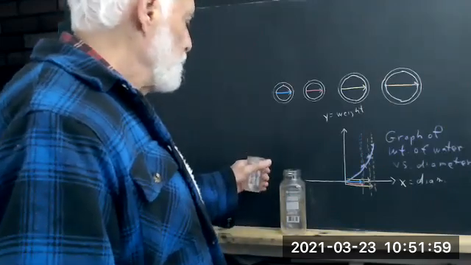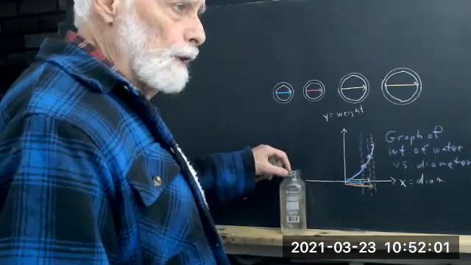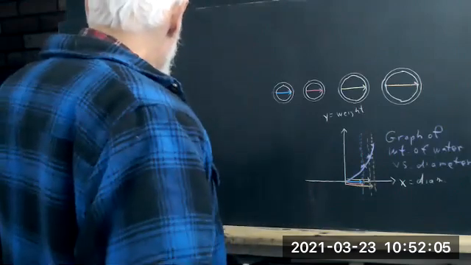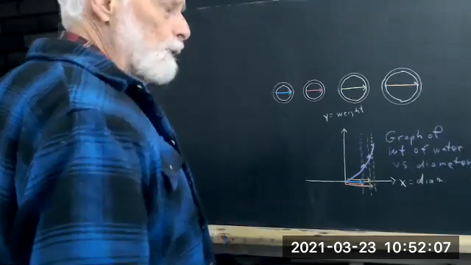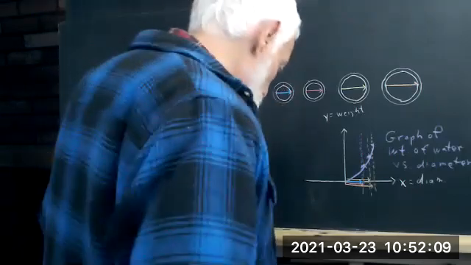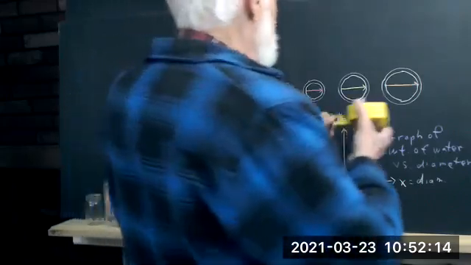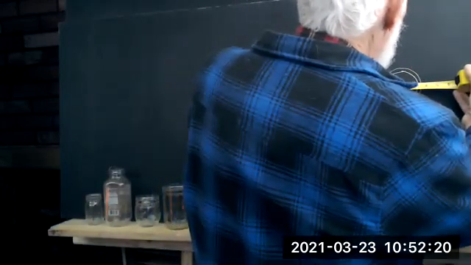There might be some differences in the way the jars are constructed and the thickness of the glass at the top, which would affect the diameters somewhat, but you expect these two diameters to be maybe closer than 1.5 and 1.6 inches, but that's okay. Now the inner diameter here looks to be about 2.5 inches, and here it seems to be about 3 inches.